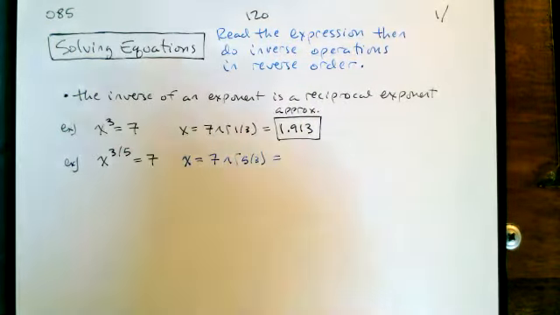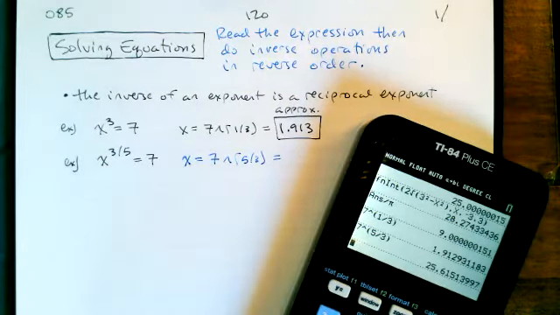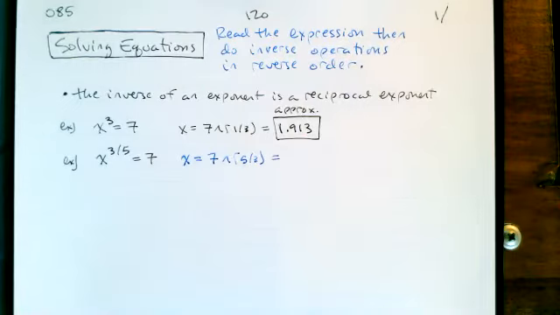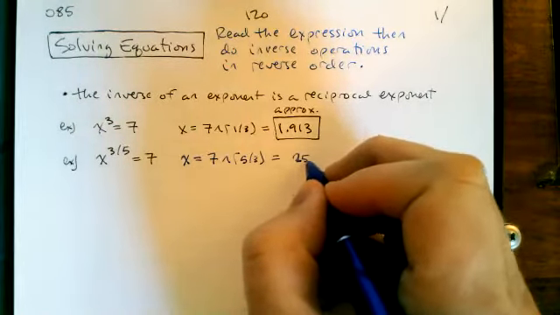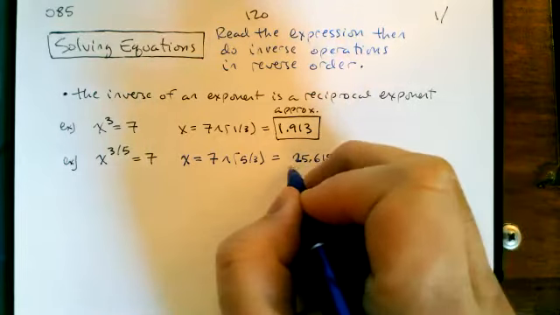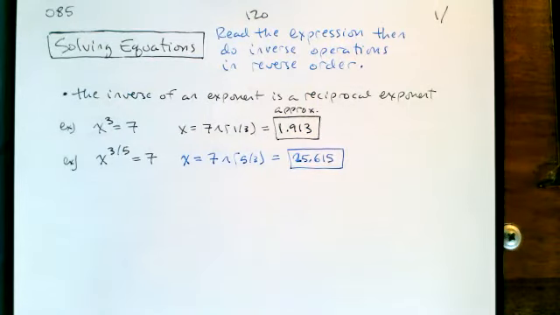And this is just a calculator exercise as well. So now I just want 7 to the 5/3, and that's going to be 25.615. Once again, once we hit enter on our calculator, we are looking at an approximation, unless the digits stop.